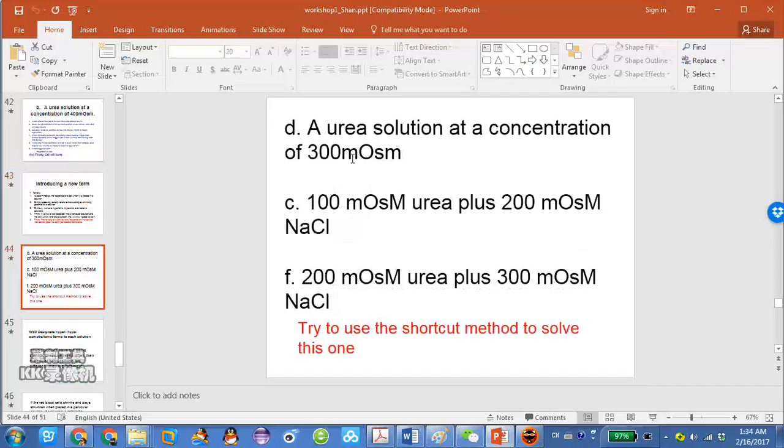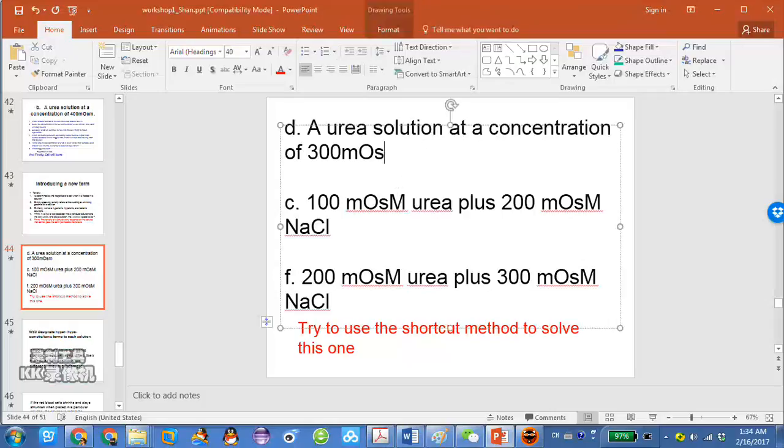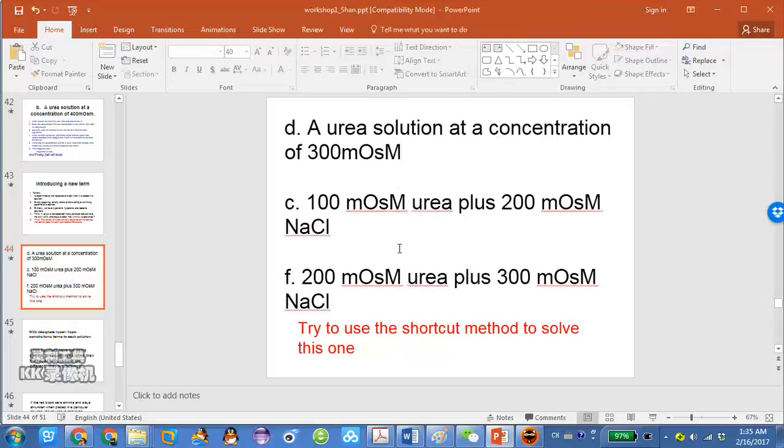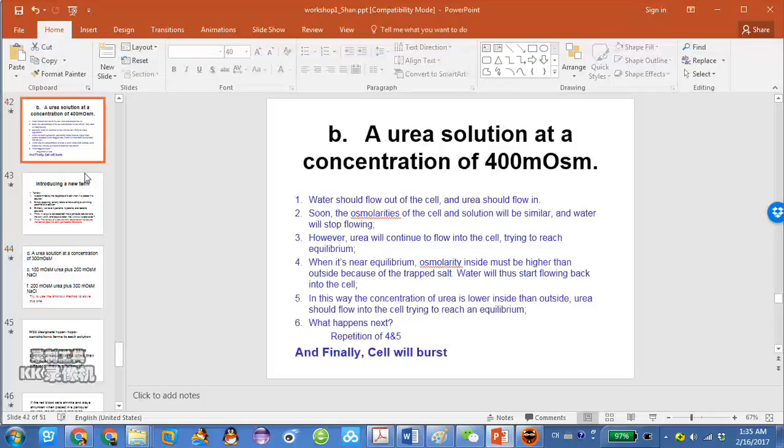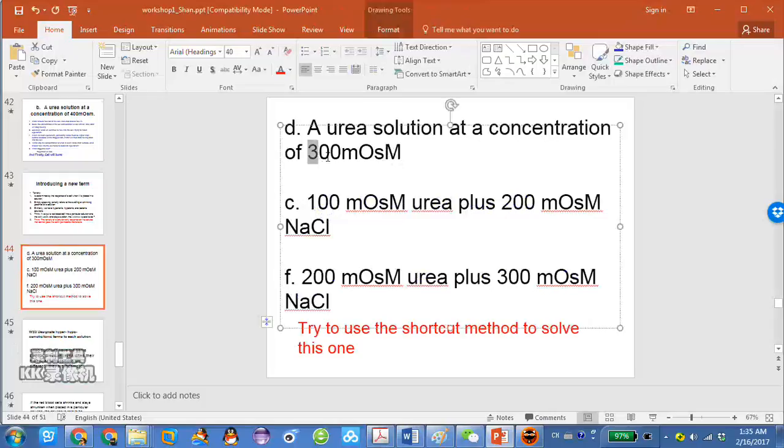Scenario D is a urea solution at a concentration of 300 milliosmolar. It should be the same as scenario B. No matter what the concentration of urea is in the outside solution, at the ending point the urea concentration will be the same inside and outside.